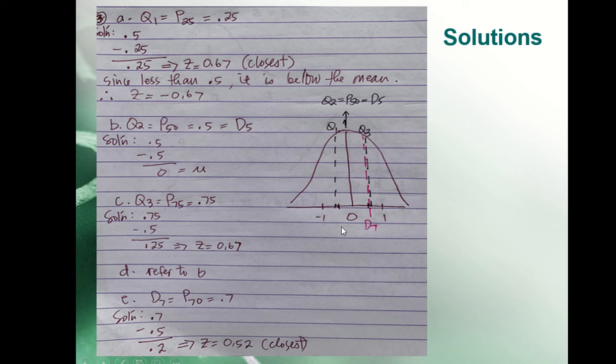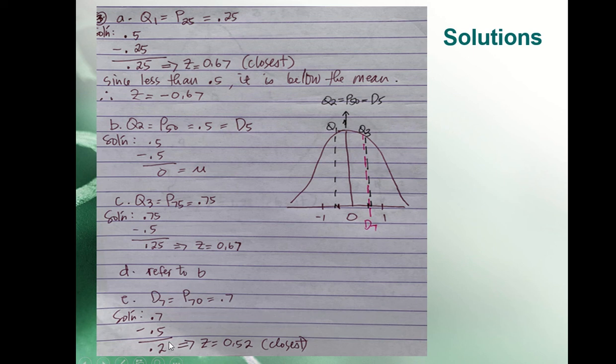So, andito ang Q sub 3 or third quartile. And finally, letter E, that's the 7th decile. So, 7 divided by 10 is equal to 0.7, which is also the same as 70 divided by 100.